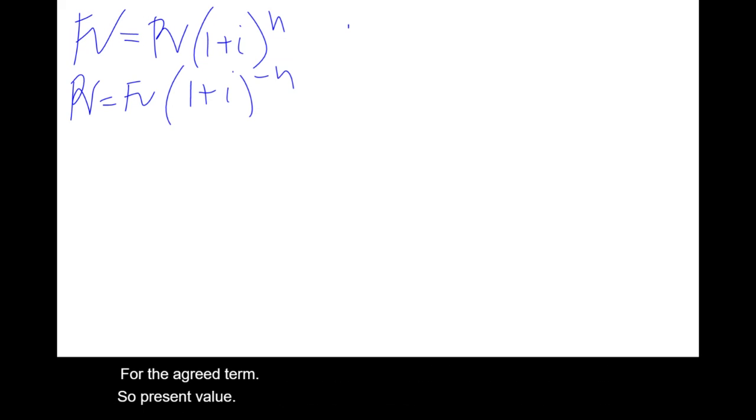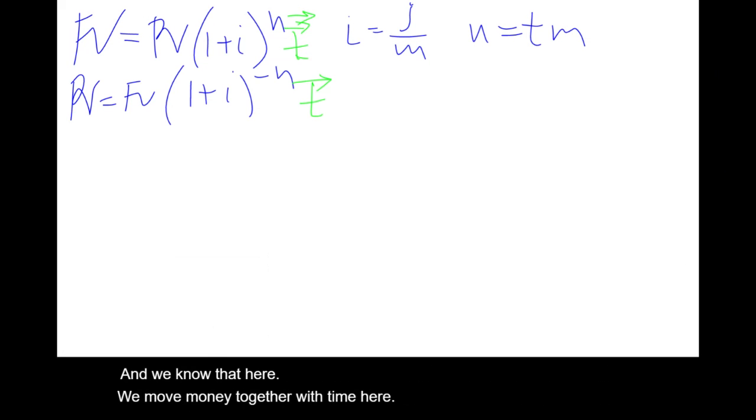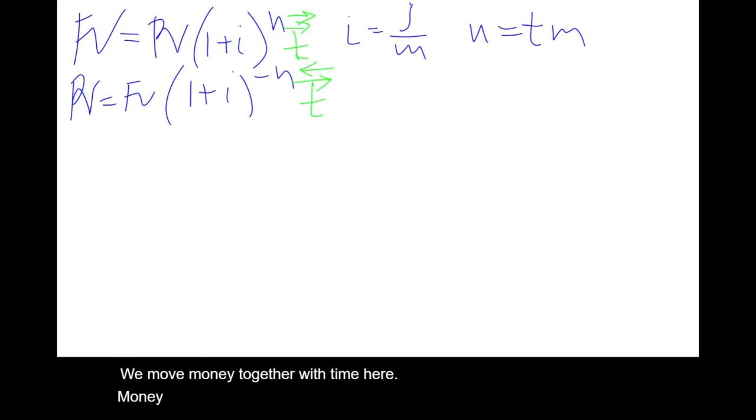Okay, what here I is J over M, N is Tm. And we know that here we move money together with time, here we move money opposite to time.